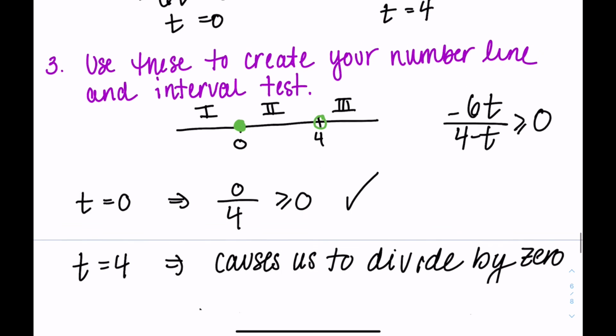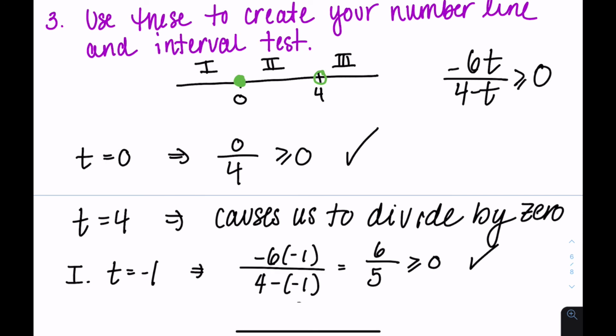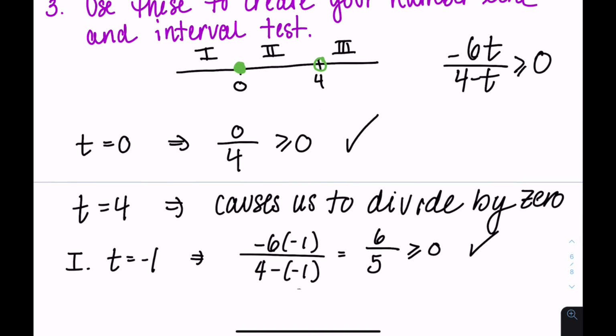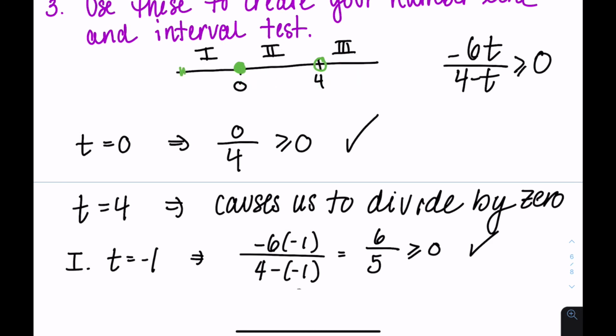From interval 1, we could pick t equals -1. Plugging that in gives you 6 times negative 1 over 4 minus negative 1. So that becomes 6 over 5, and that's definitely greater than or equal to 0. So interval 1 is going to be good.